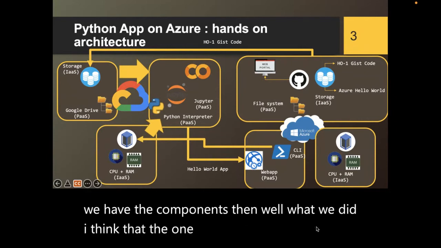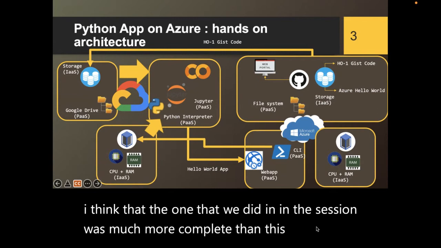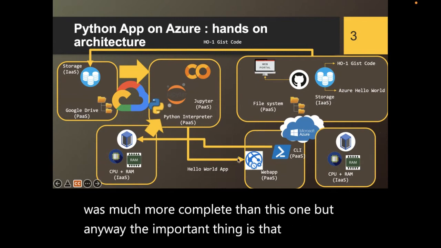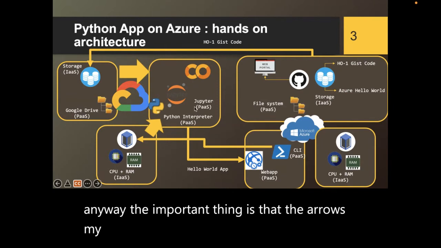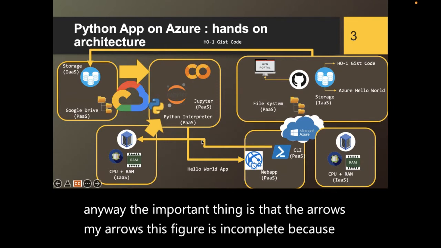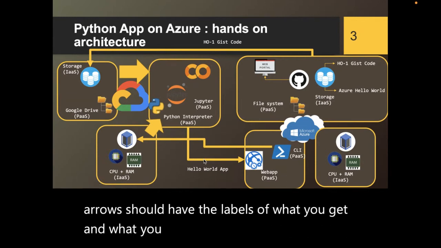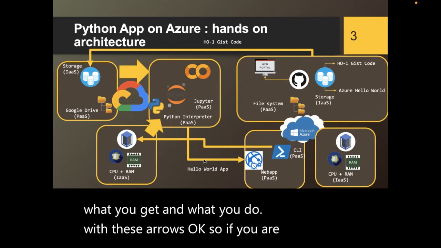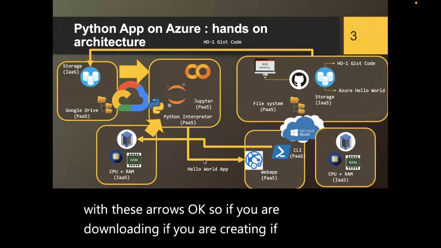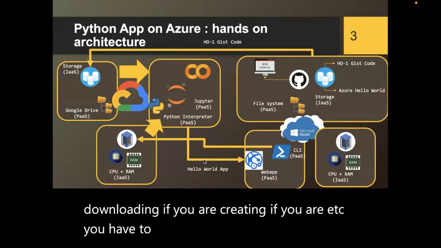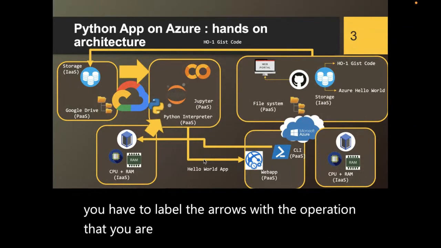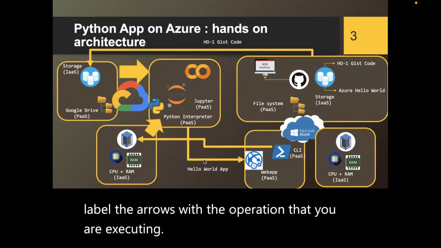what we did in the session was much more complete than this one. But anyway, the important thing is that this figure is incomplete, because my arrows should have labels of what you get and what you do with these arrows. So if you are downloading, creating, etc., you have to label the arrows with the operation that you are executing on top of these components.